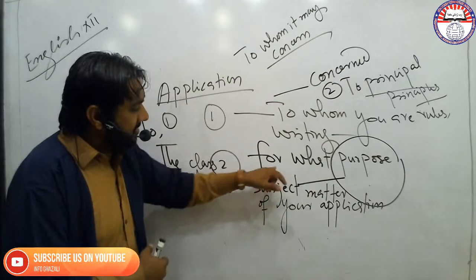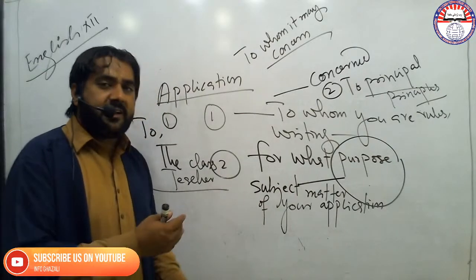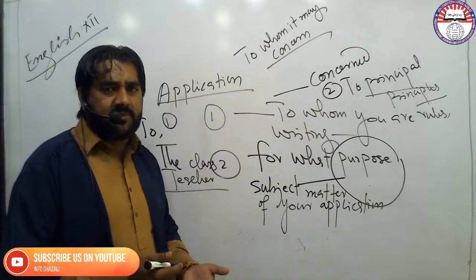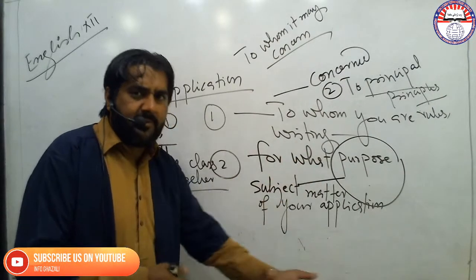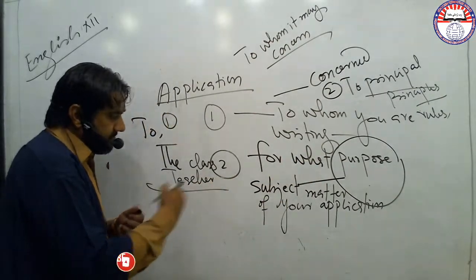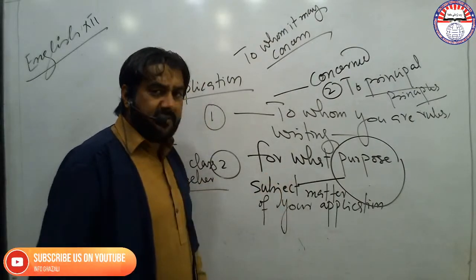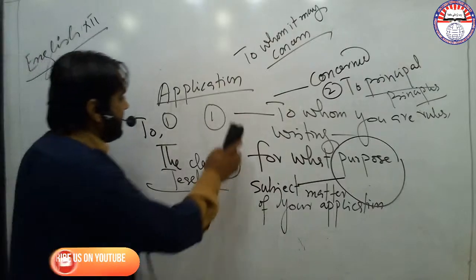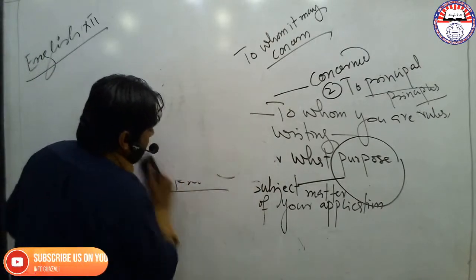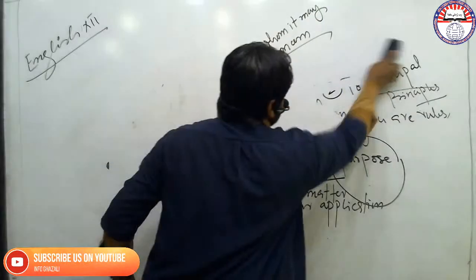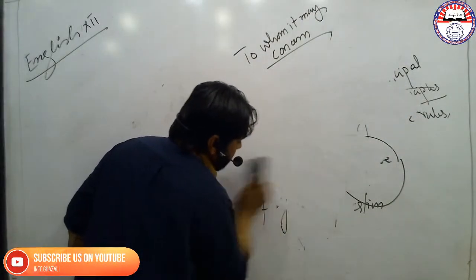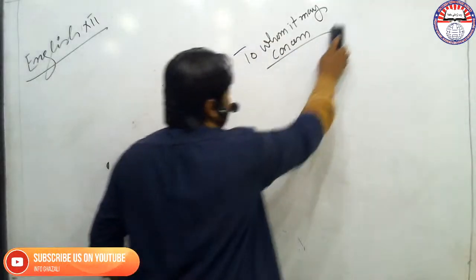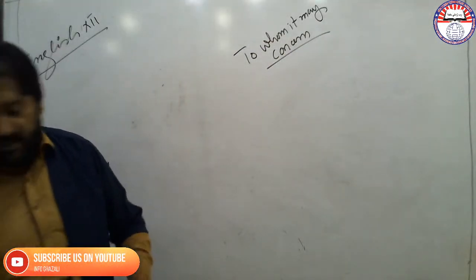Okay. Then for what purposes? Let me tell you practically what purpose or what purposes we have whenever we write something, whenever we intend to write applications. Suppose, what would be the subject matter of your application? Okay. Let me rub the board first. I think I am quite clear in defining how to write an application or effective application. Okay.